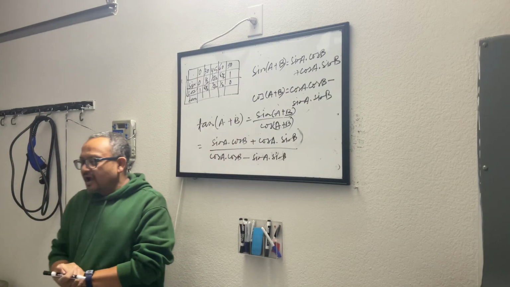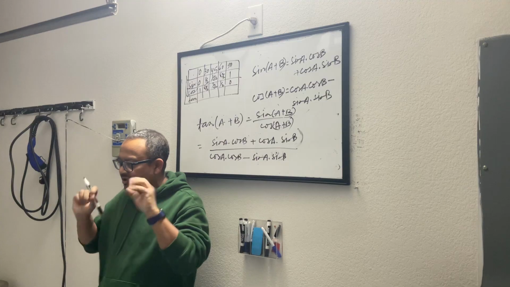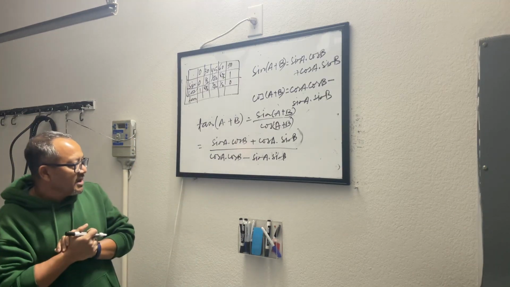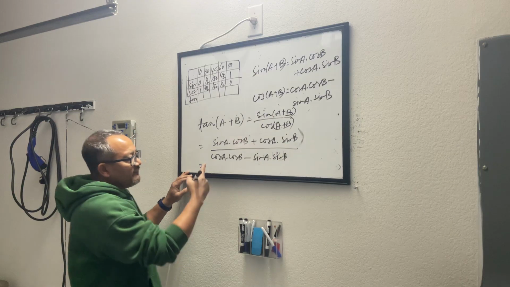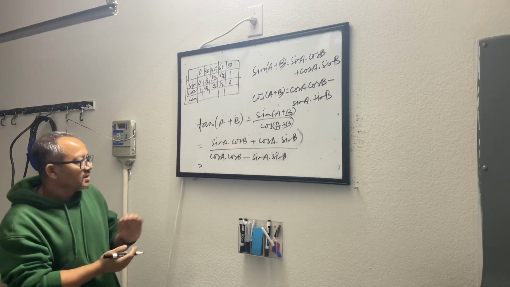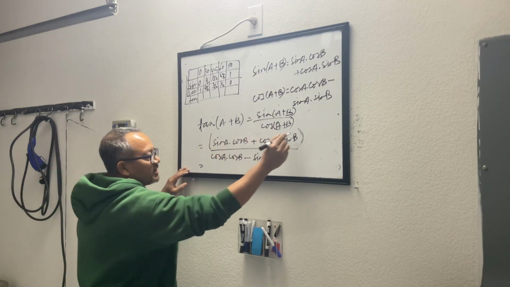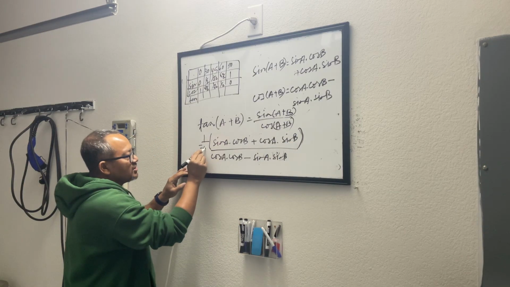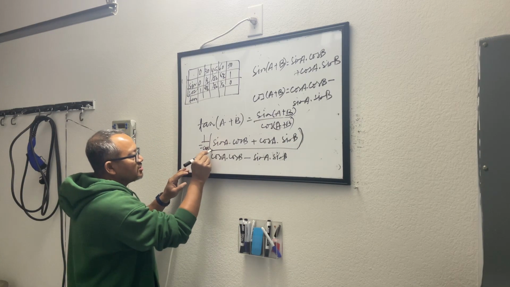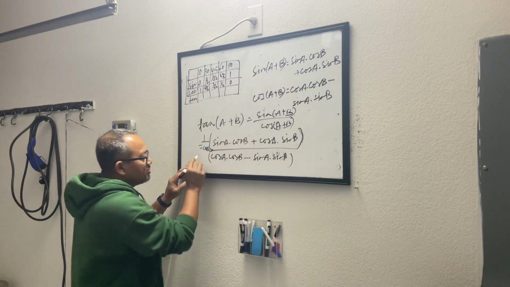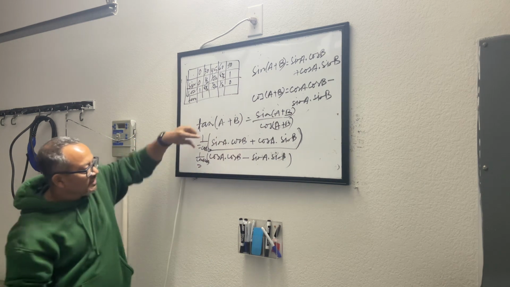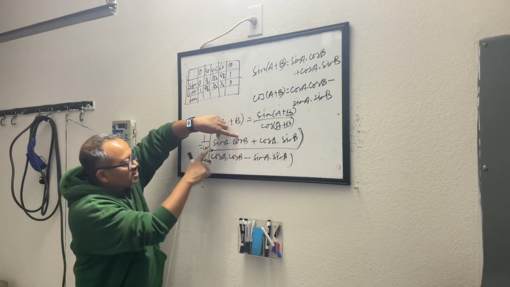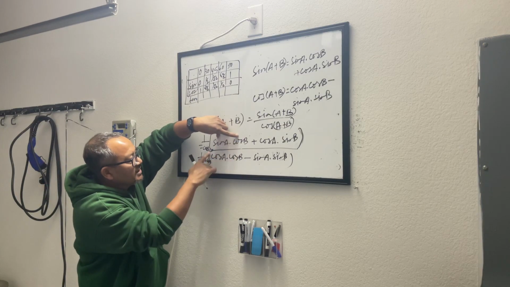Now we got this. What I will do is, I will do some magic with this. Something like abracadabra. And that abracadabra is nothing but dividing each and every term with cos of A, cos of B. So basically in the numerator I am dividing by cos of A times cos of B, and in the denominator also I am doing the same thing. When I divide this one by cos of A, cos of B, my cos of B will get cancelled out.